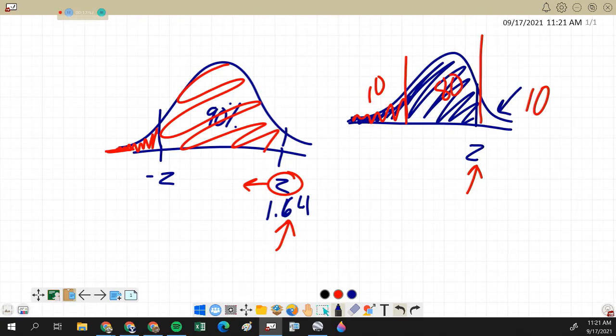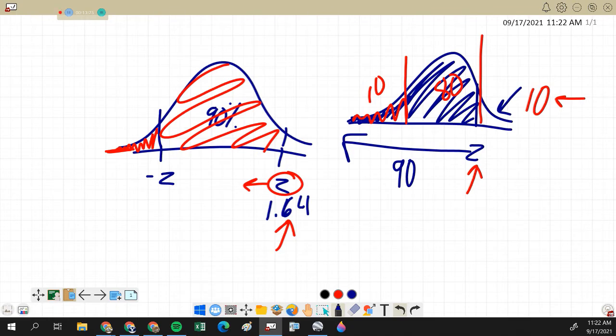And that's a trick that you're going to have to use over and over. Good. Where did this 10 come from? Well, that is 90. So if the left area is 90, then the right area is 10. And if we make the right area 10 and the left area 10, then the middle area is 80.